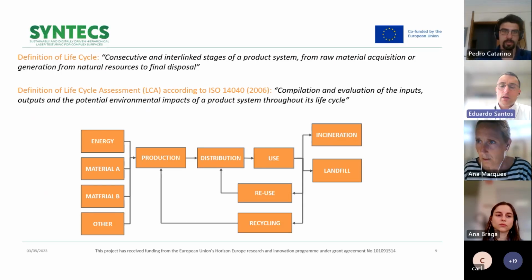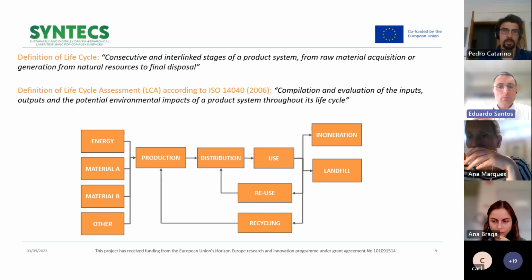So it's important to have a first idea of the definition of what life cycle is. Life cycle is the consecutive and interlinked stages of a product system. They begin with the raw material extraction or generation from natural resources until the final disposal. So it's this complete set of stages of the product system.